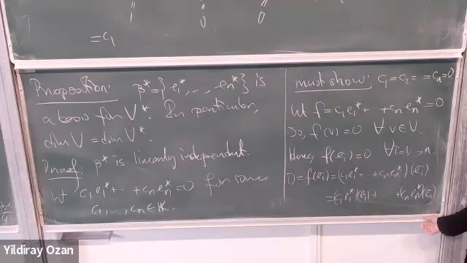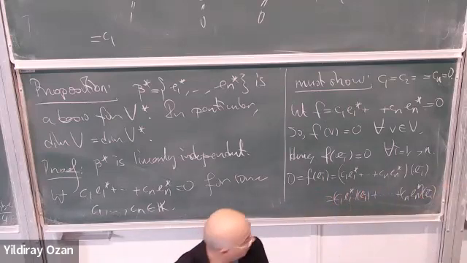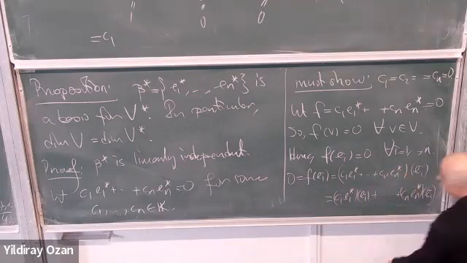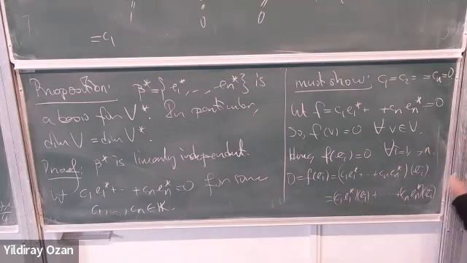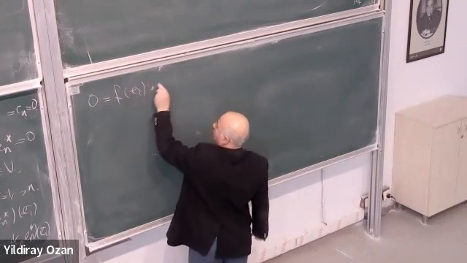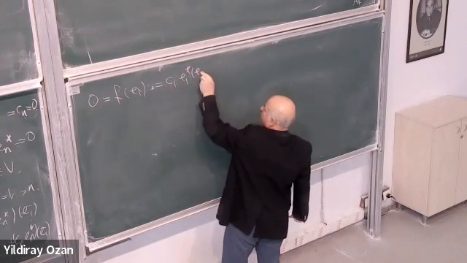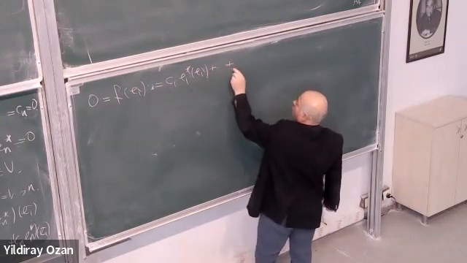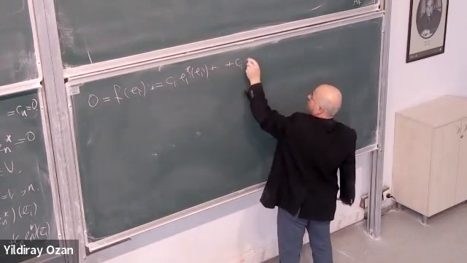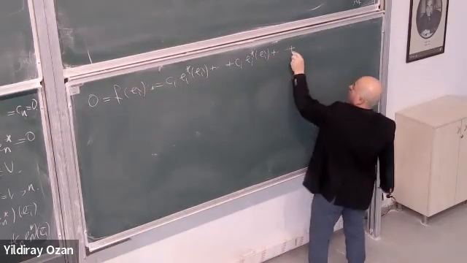Now, what are these values? Well, F of Ei is just C1 E1 star of Ei, and it goes up to the nth element.